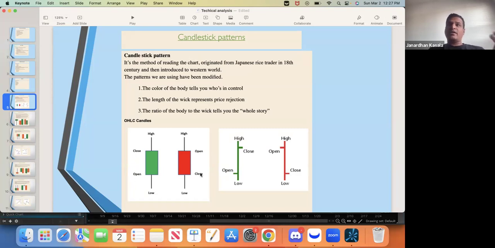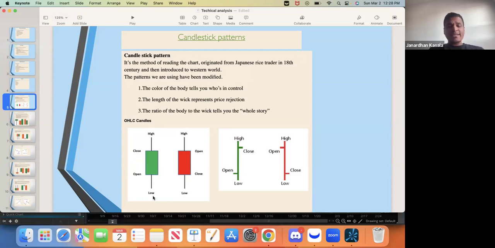So the day started here, open, and the day high is this, called the wick, and the day low is this, and the day closed here. This is how you read a candle. This is called the body, this is called the wick. Open, high, low, close. OHLC, that's what they say.